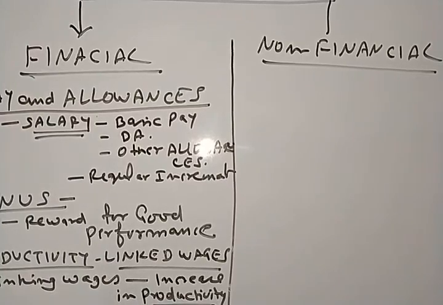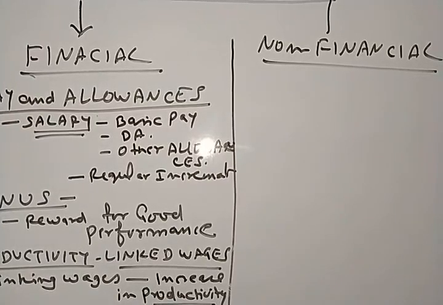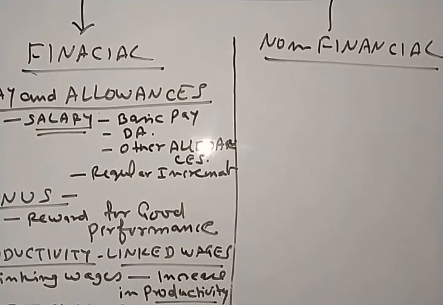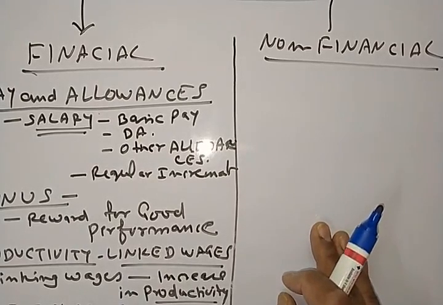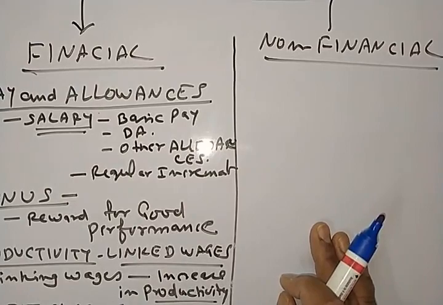So children, you see, all the needs of individuals are not satisfied by money only. Psychological, social and emotional factors also play an important role in providing motivation, as we saw in Maslow's theory.